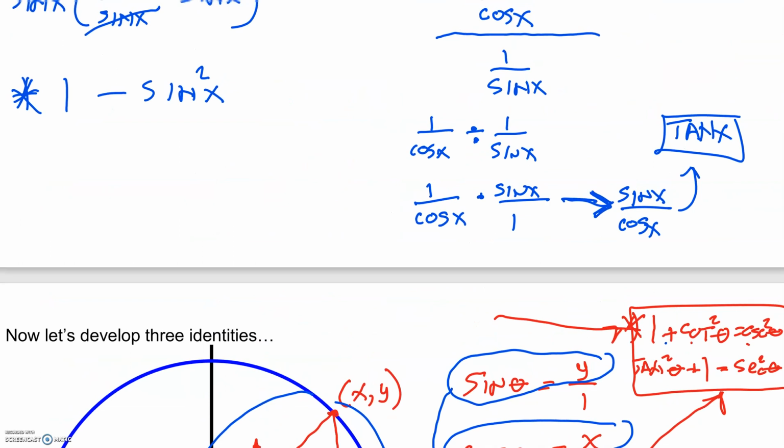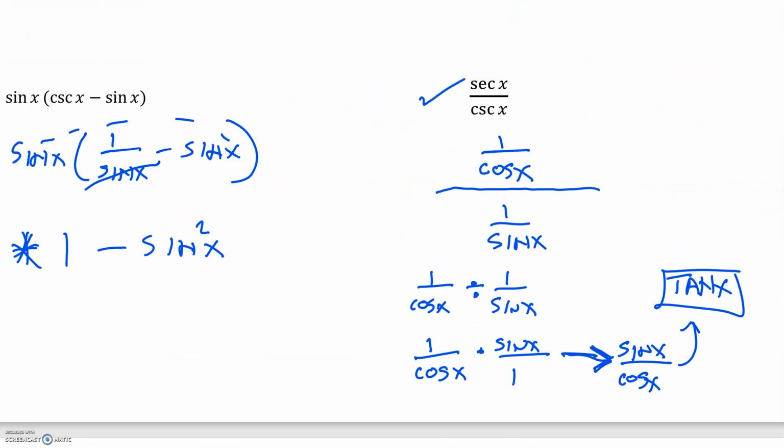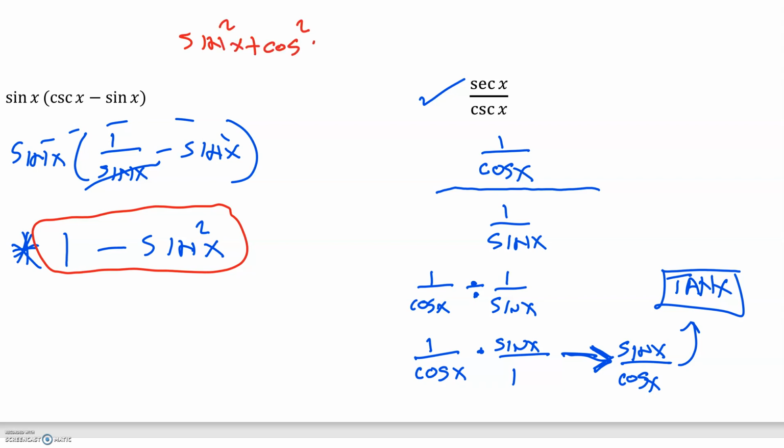I want to go back to the one I set up here. So, we can do a little bit more here. Now, we know that sine squared plus cosine squared is equal to 1. Well, this expression says 1 minus sine squared.